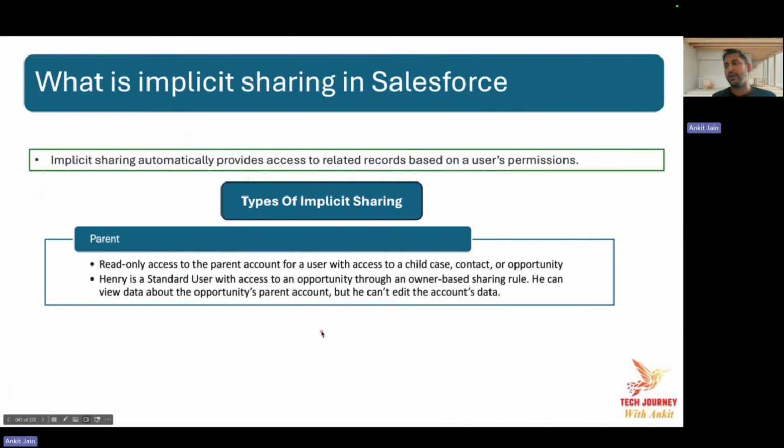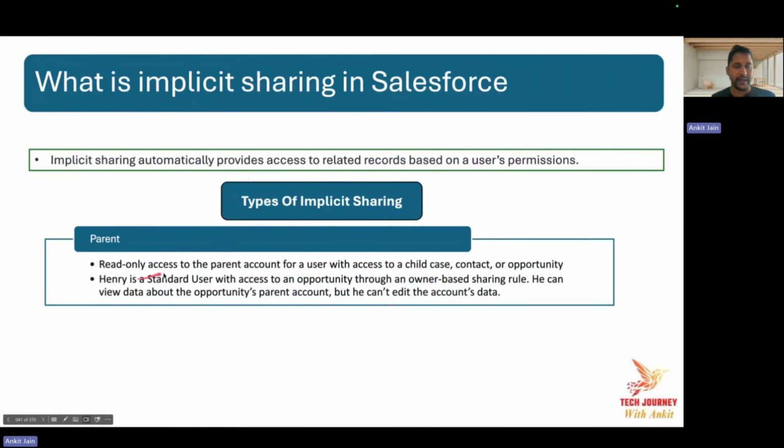Any of the records you have access to, which is linked to the account, you will automatically get the read-only access of that parent account. Automatically, you do not have to write any OWD rule. You do not have to write any sharing rule for that. As you can access the child, automatically you can access the parent.